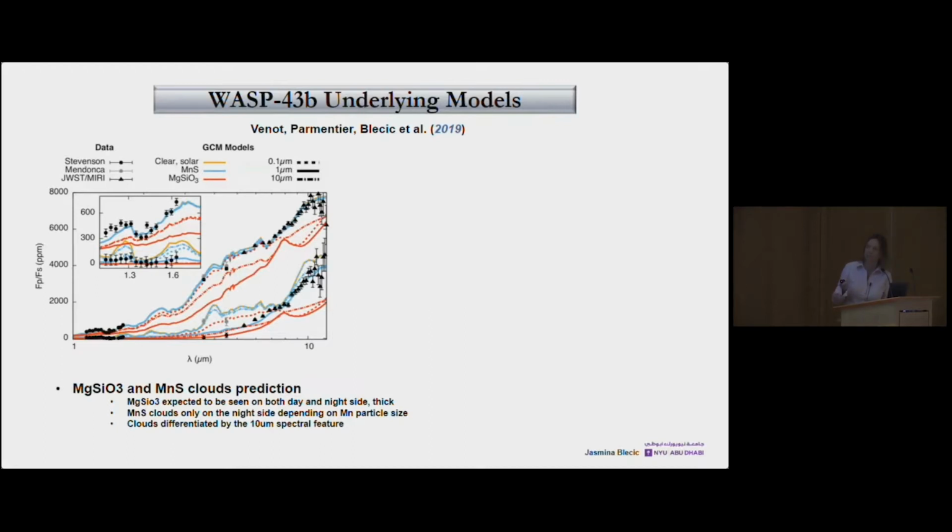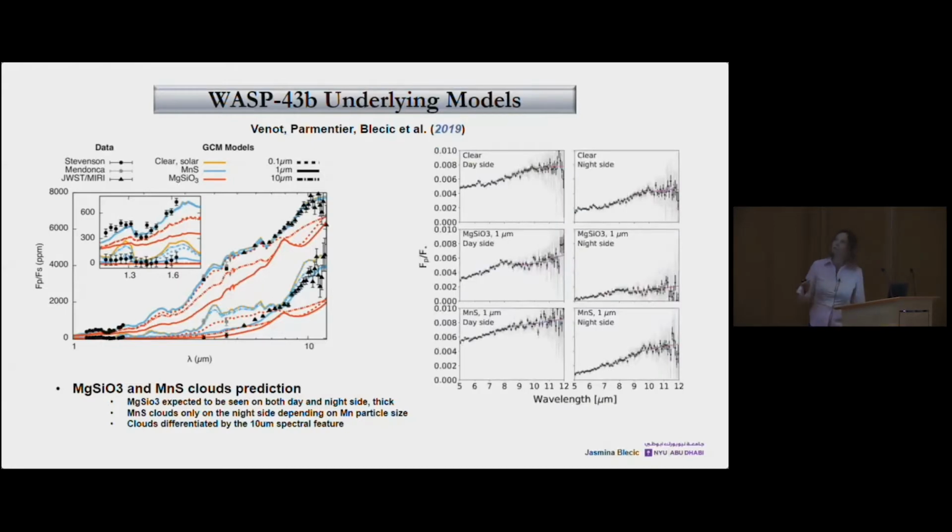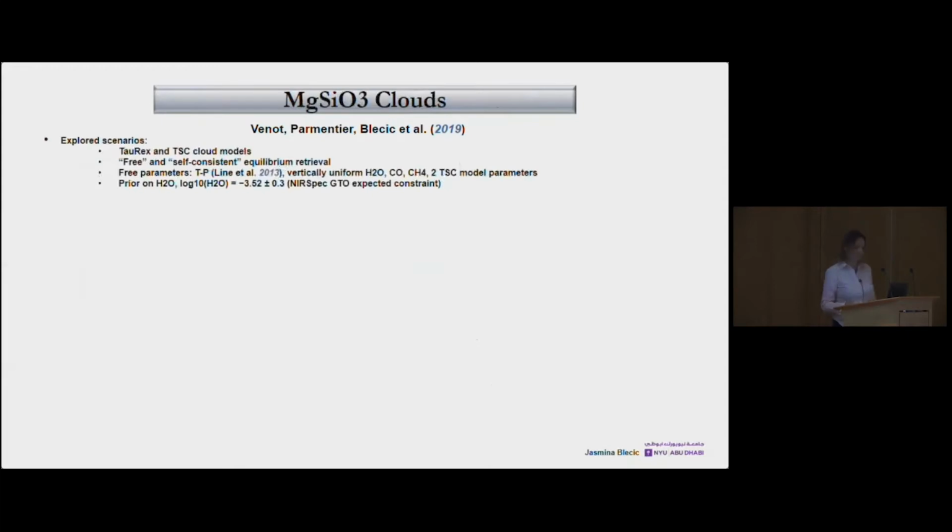And just based on these models, we made some predictions that enstatite clouds we can see on the day and the night side, while the MnS clouds can only be seen on the night side. Then we use some of these models to generate the data that I used in retrieval. These are the data with uncertainties, and in magenta are our Vivien models.